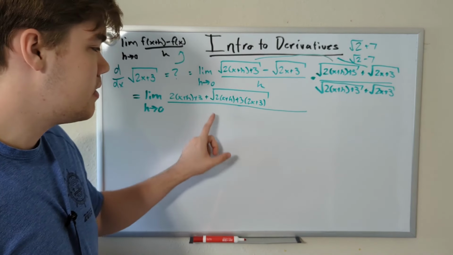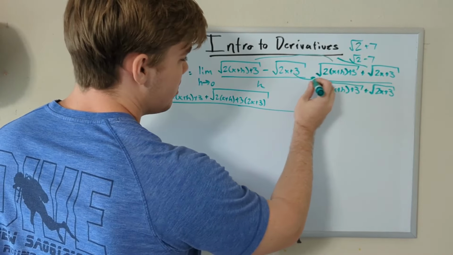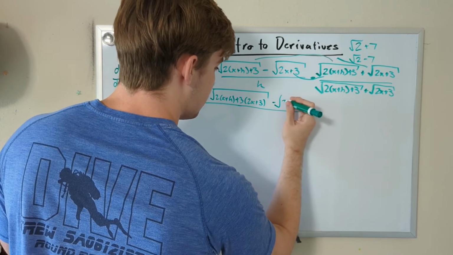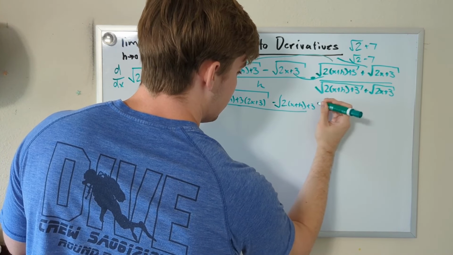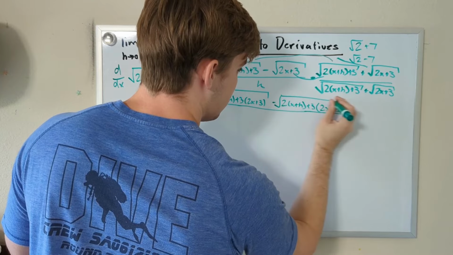They're all under the square root, so we can just put both expressions under the square root like that. Now let's FOIL from here. We now have minus this exact same value, minus the square root of 2 times x plus h plus 3 times 2x plus 3, like so.